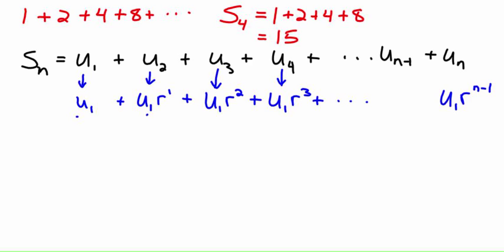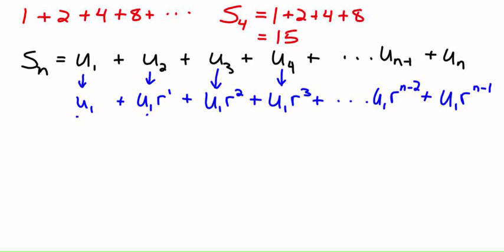So the term right before this is still in terms of u of 1, and now it's times r to the n minus 2 power. It's the one before the last term, so we take off 2 from there.